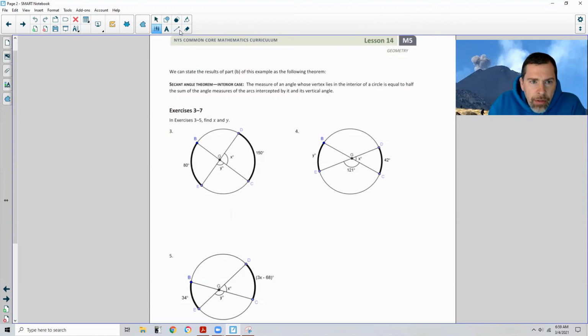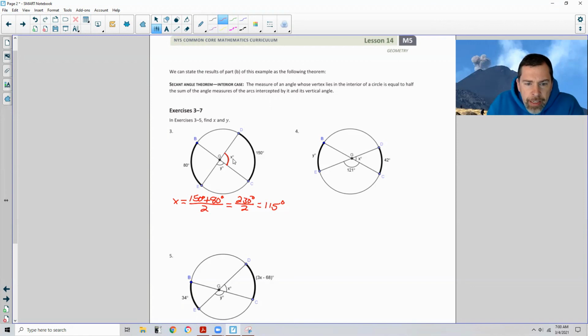Our focus is going to be the angle X. So X equals the sum of the arc measures that are intercepted: 150 degrees plus 80 degrees, divided by 2. 150 plus 80 is 230, divided by 2 equals 115 degrees. So the measure of X here is 115 degrees.